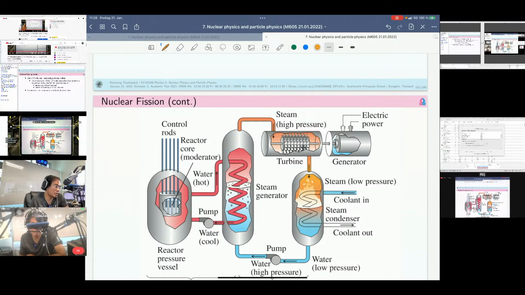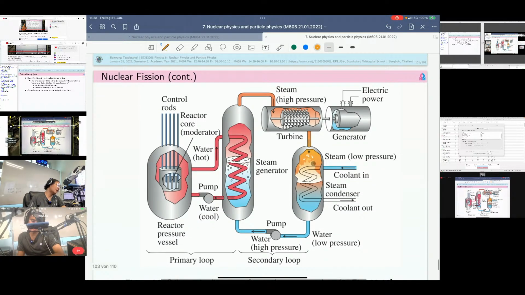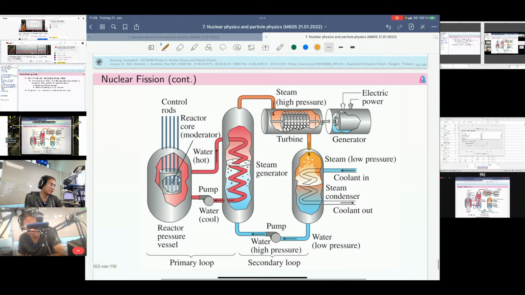Let's go ahead with the other components in the nuclear power plant. There is steam, in the scale of 600 or 700 degrees Celsius, which will flow further. It's cooled down a little bit, and the steam will be condensed to become another round of water.